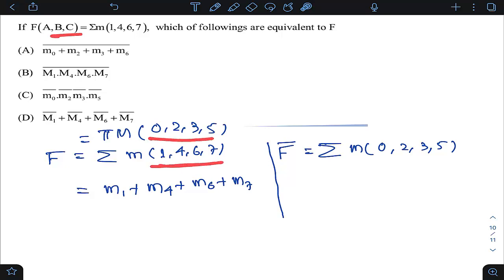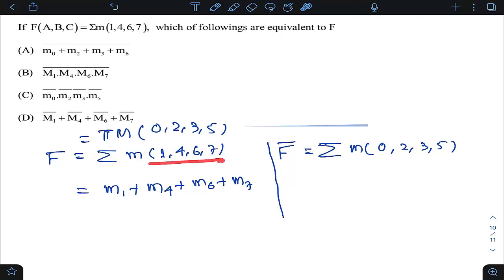In a 3 variable case, if 1, 4, 6, 7 are minterms, then 0, 2, 3, 5 are maxterms. If you write its corresponding truth table, in the 1, 4, 6, 7 combinations your output is 1, and in the 0, 2, 3, 5 combinations your output is 0, because minterm means output 1 and maxterm means output 0. Now if you take the complement, then 0 will be 1 and 1 will be 0. Yes or no? That means for 1, 4, 6, 7 you are getting 1.